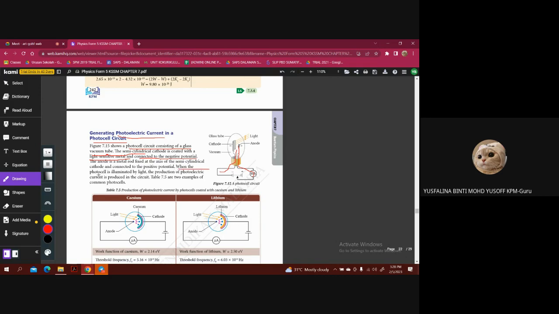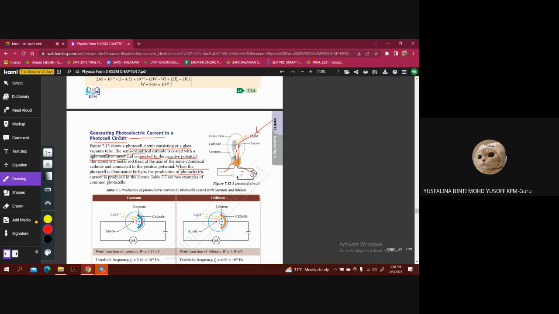When the photocell is illuminated by light, we strike the light onto the cathode, producing the photoelectric effect. The cathode releases electrons if the frequency is enough.